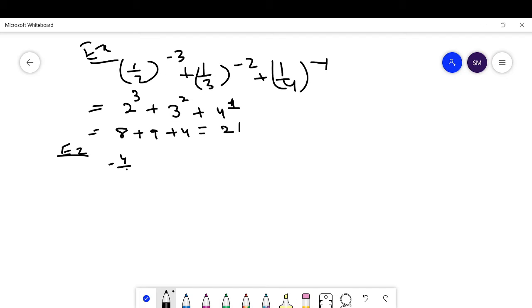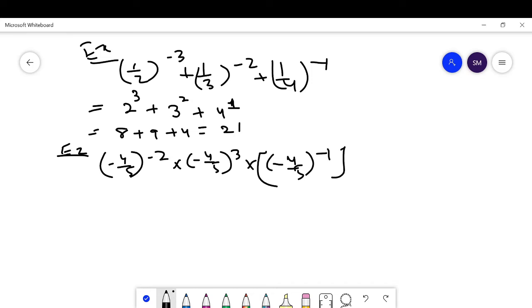Here, (minus 4 upon 5) to the power minus 2 into (minus 4 upon 5) to the power 3 into ((minus 4 upon 5) to the power minus 1) whole to the power 2. Here we let the first one stay as it is, because this is 4 upon 5, this is 4 upon 5, this is 4 upon 5.